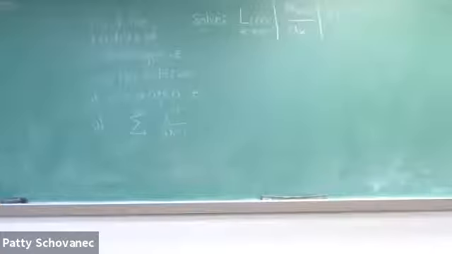Put -1 in there, -1 to the 2k minus 1, over 2k minus 1. That makes it an open series, right? Then it goes 0 to another. So I think it only converges at one of the endpoints, at the -1.